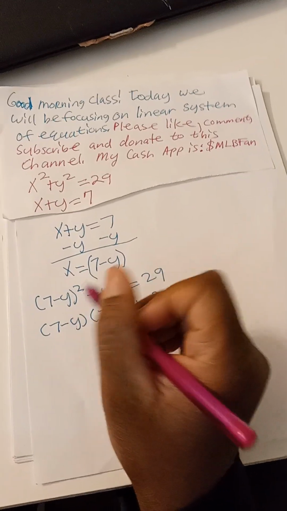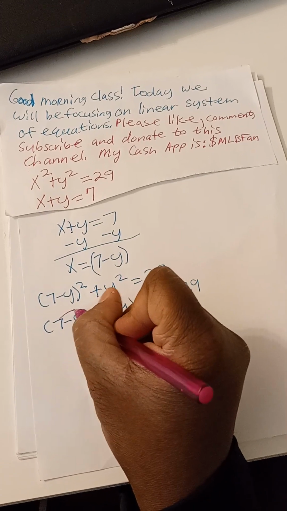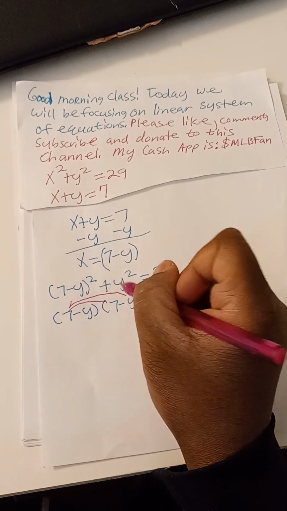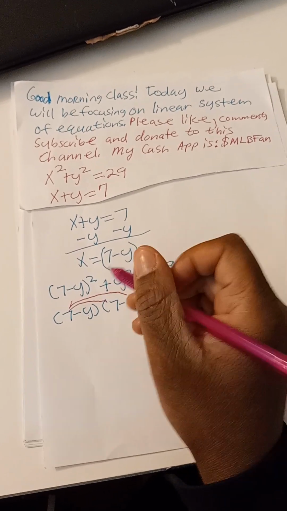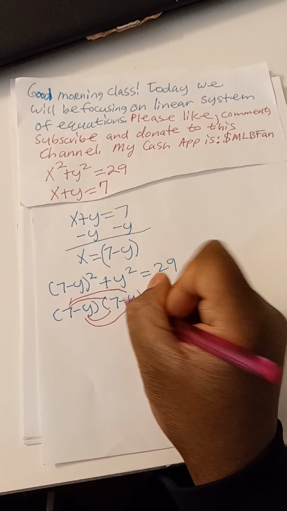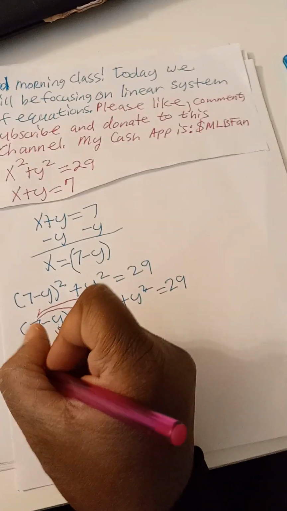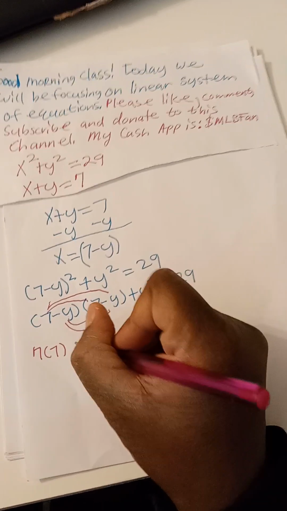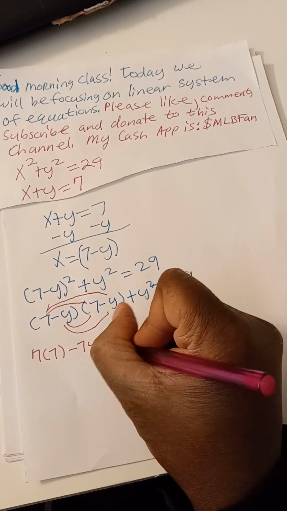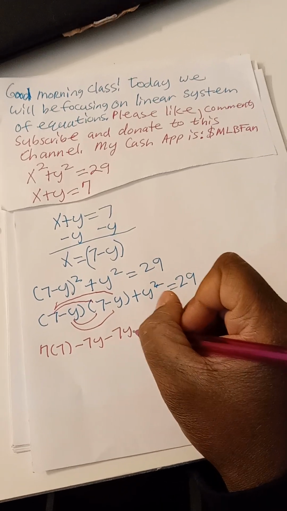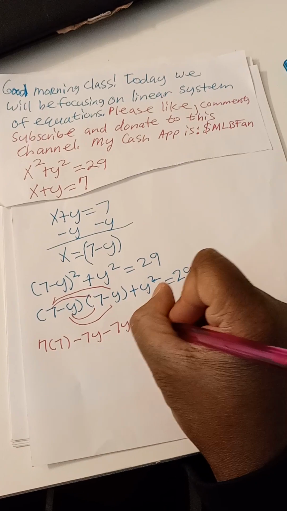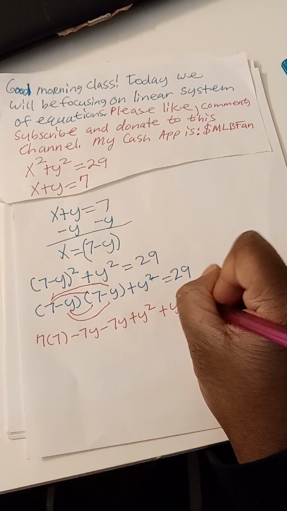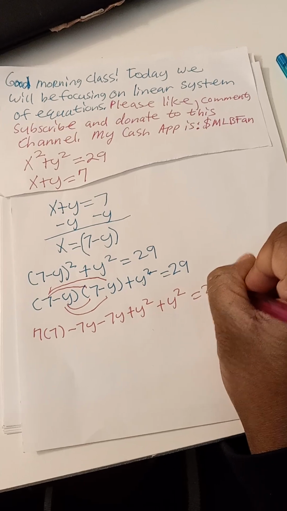So we're going to do the foiling of first, outer, inner, last. This will yield 7 times 7, minus 7y, minus 7y, and then minus y times minus y is plus y squared, and then plus the additional y squared, which is equal to 29.